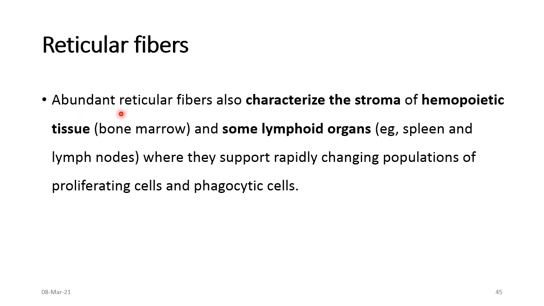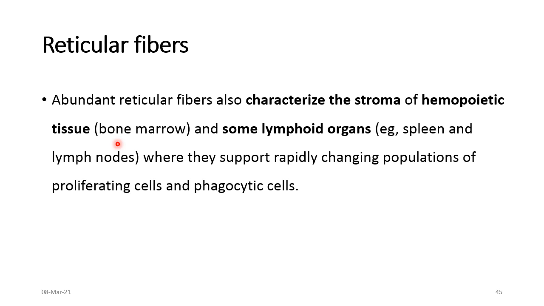Also, abundant reticular fibers characterize the stroma of the hematopoietic tissue. It is found in hematopoietic tissue, bone marrow and some lymphoid organs, in the spleen and lymph nodes we find reticular fibers forming the stroma. Abundant reticular fibers form the stroma of these tissues.